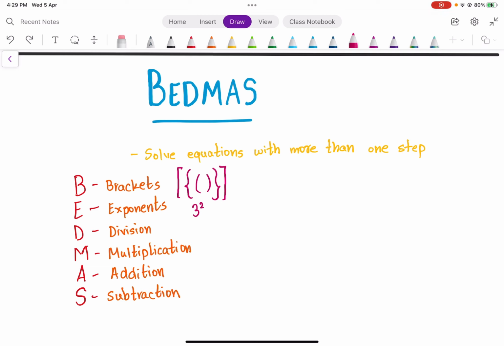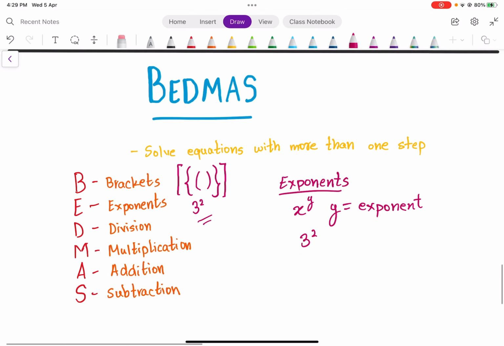So basically, exponent is that tiny number on the top. So over here, y is our exponent. So let's say our x over here, like we said, is 3, and our y is 2. So 3 raised to the power 2.